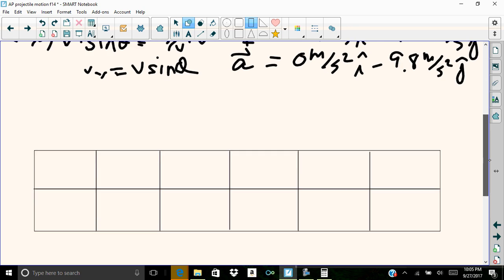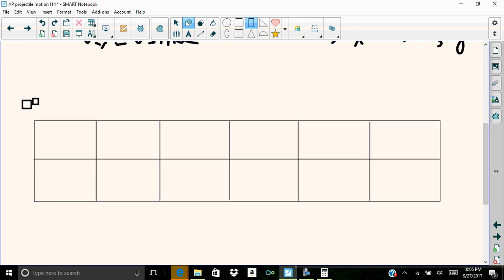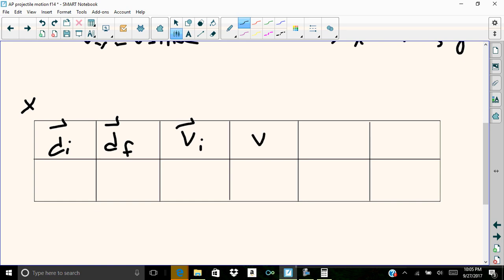So the first box is X. Oops, now I'm making boxes. Okay, so this is the X direction. I'm going to have D initial, D final, V initial, V final, A, and T. My initial position is 0.